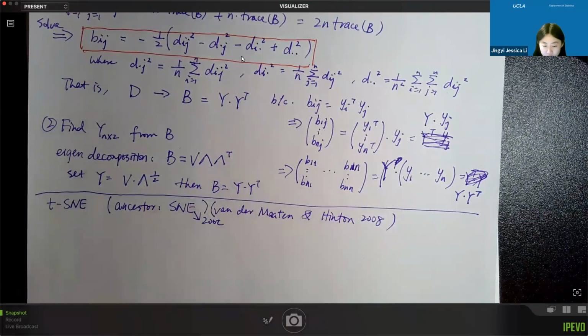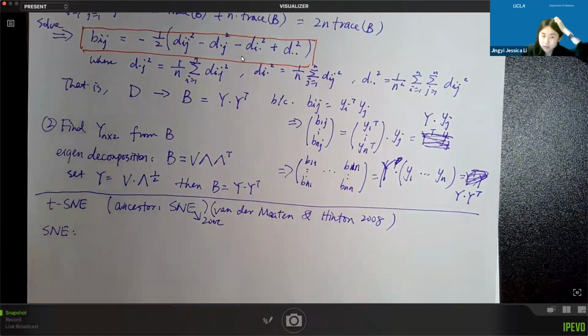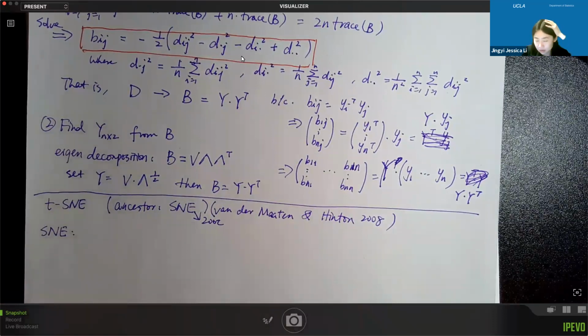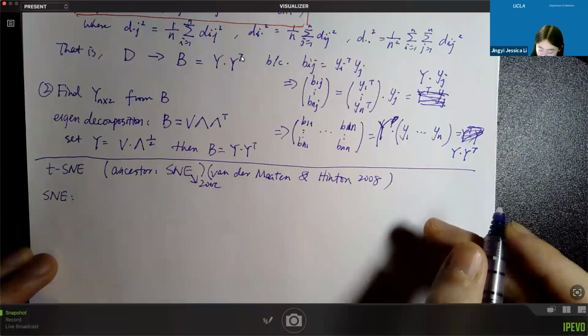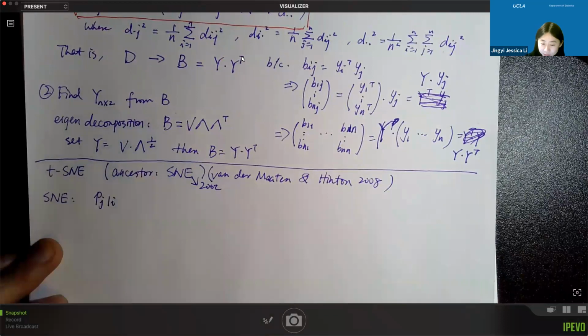So what does it do? Probably we should talk about SNE first before we talk about tSNE. Here we want to preserve not the pairwise distance as MDS does, but some kernel transformation of distance. By a kernel function, we're going to convert a distance into a probability density. What we define here is this density as P j given i, where i and j are two data points.